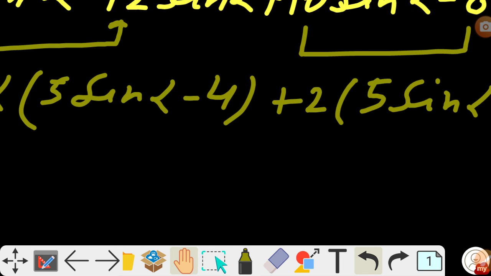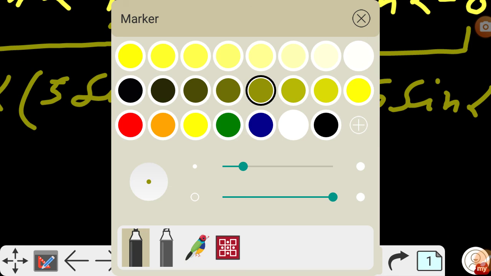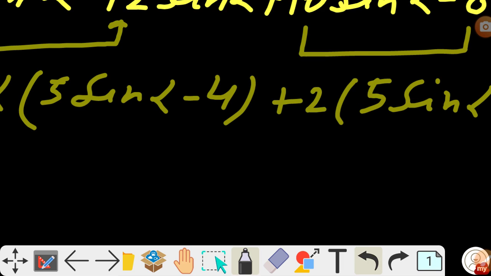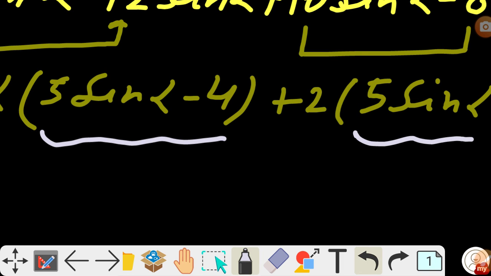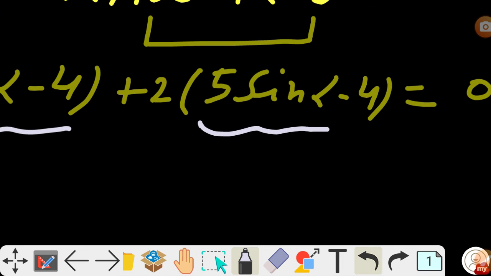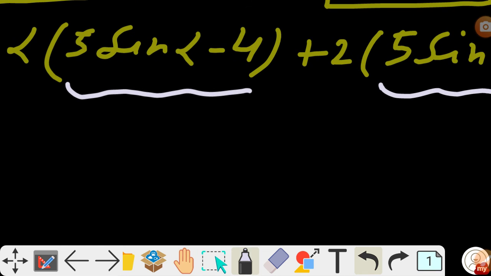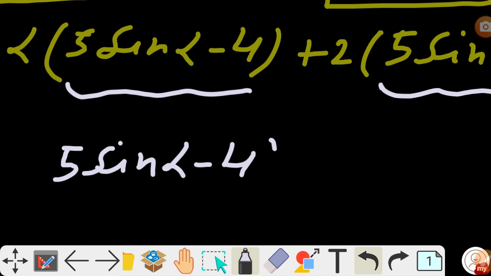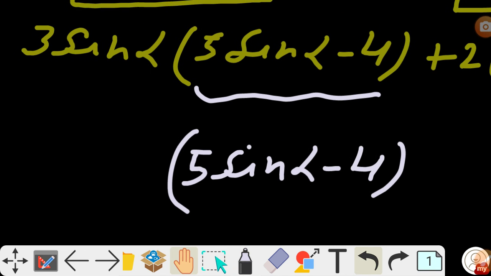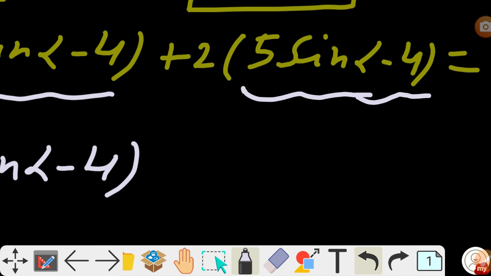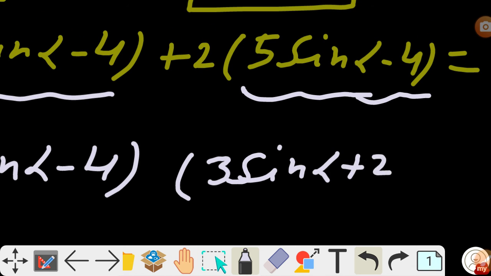This term is again common. Then you take 5 sin alpha minus 4 in one bracket and 3 sin alpha plus 2 in another bracket, equal to 0.